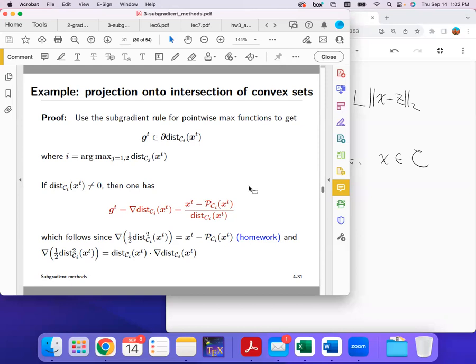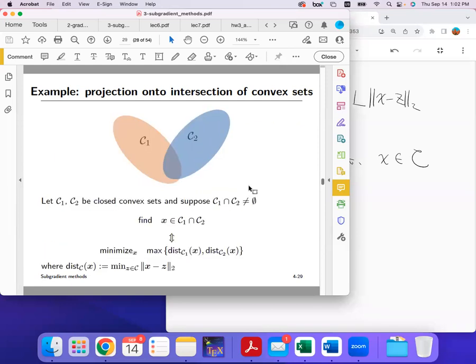So first of all, in the subgradient method, the objective function is this one. This is our f(x). Clearly, it is not differentiable because it is a pointwise maximum of two functions, so there will be some non-differentiable points.